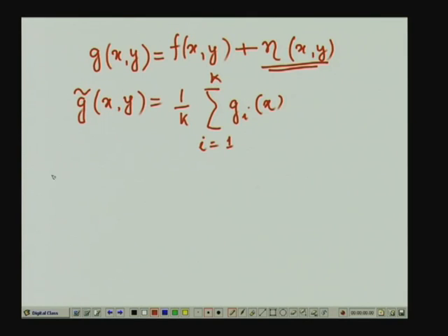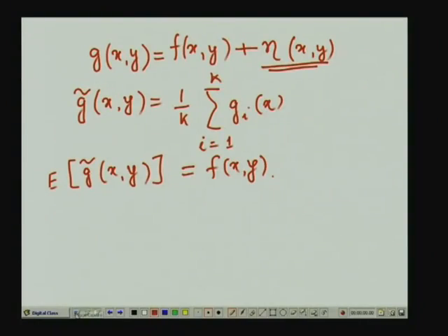And if I take the expectation value or the average value of this g tilde(x,y), then this average value is nothing but f(x,y). And our condition is that the noise must be a zero mean additive noise, and because it is zero mean, I assume that at every pixel location the noise is uncorrelated and the mean is 0. So, that is why if you take the average over a large number of frames, the noise is going to get cancelled out.